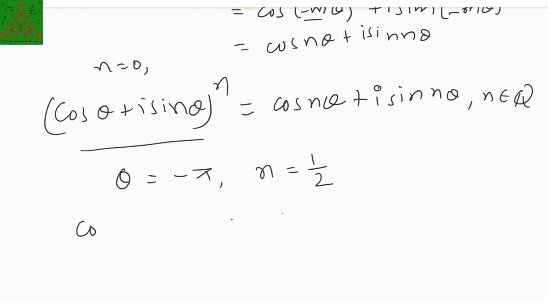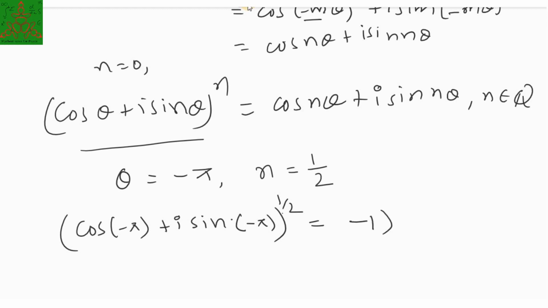Let us calculate. (Cos of minus pi plus i sin of minus pi) whole power 1 by 2 gives you cos of minus pi, which is minus 1, and sin pi is 0, so it is minus 1 raised to 1 by 2 on this side.